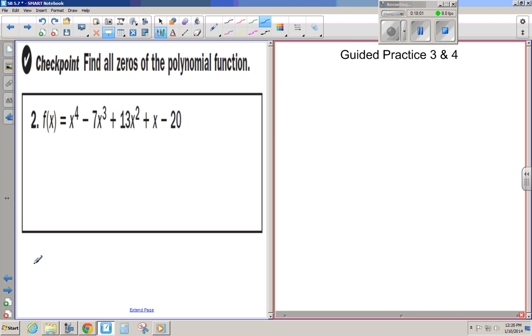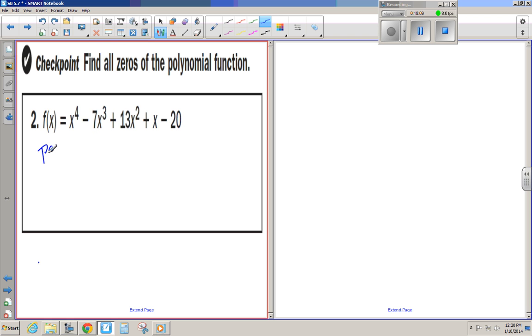All right, so let's look at this problem right here. First of all, the possible zeros are plus or minus 1, 2, 4, 5, 10, and 20. The graph of this, so you'd grab your calculator, x to the power 4 minus 7x to the power of 3.